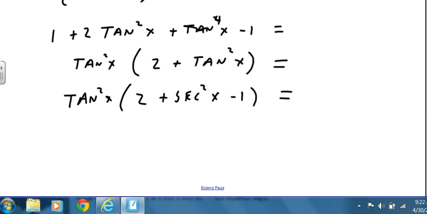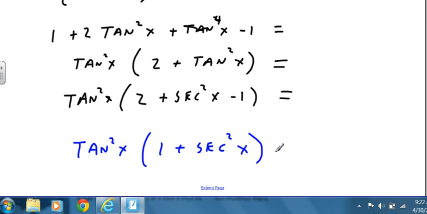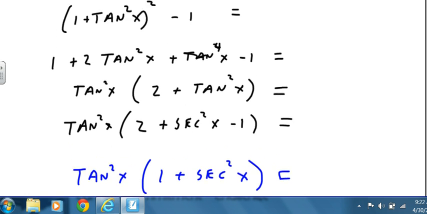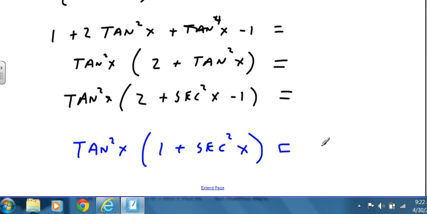All right, and then I got a 2 and I got a minus 1, so I got tangent squared x times 1 plus secant squared x. And I have it on pretty good authority that that's what we're trying to find, right? Yeah, that's what we're trying to find. So we'll give it a check, and we'll make this guy look like an equal sign.